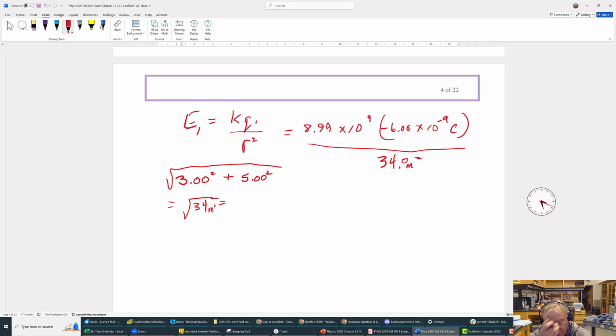But these are in centimeters, so yep, I made a goofy here. 34. So that means 34 meters, and it's centimeters.